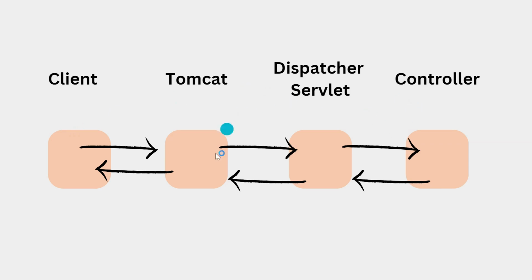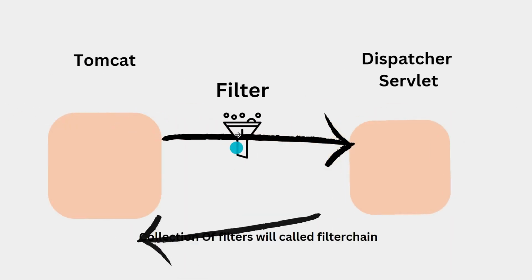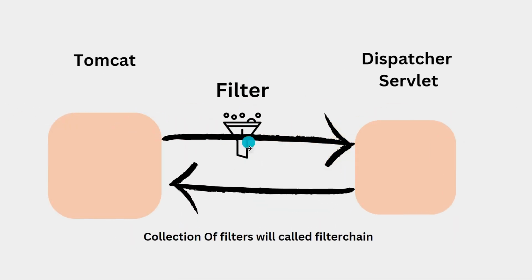the client. So where will our filters execute? The filter is available in between Tomcat and the dispatcher servlet. Whenever the request is being handed to the dispatcher servlet, in between, if you want to perform any kind of logic like a logging mechanism, any kind of authentication and authorization, or if you want to modify anything, you can do it before handing the request over to the dispatcher servlet itself.